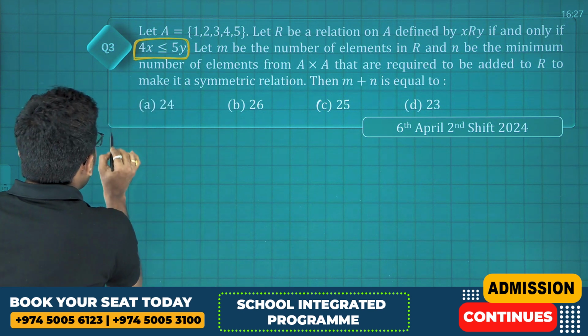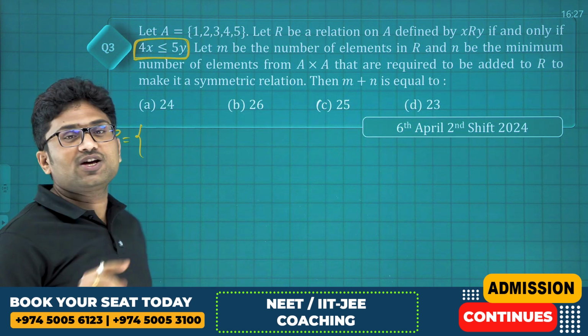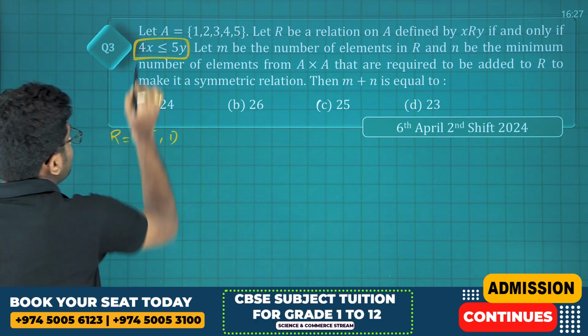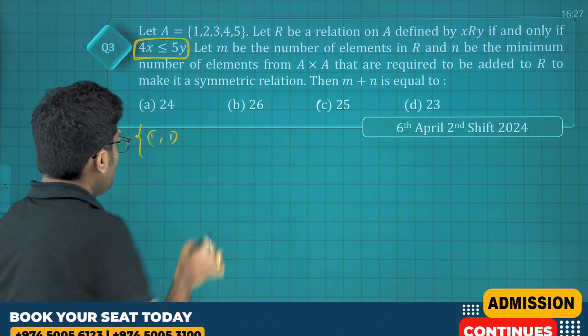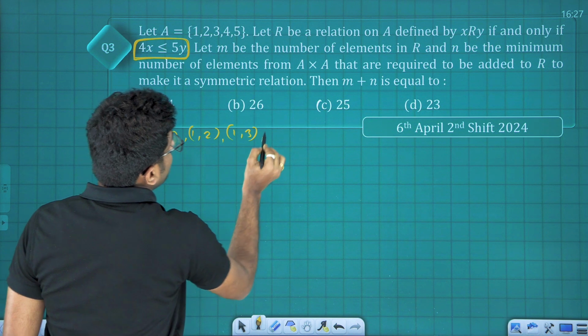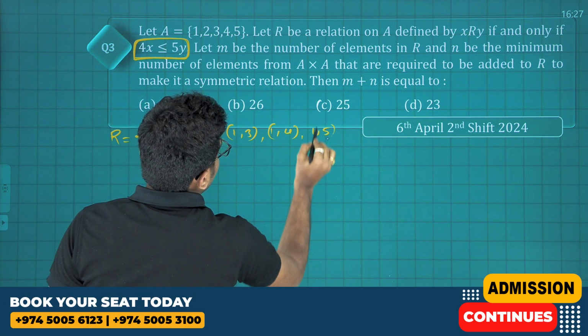R is the set of pairs with 4x less than or equal to y. So (1,1) will be in it, (1,2), (1,3), (1,4), (1,5) will also be in it.